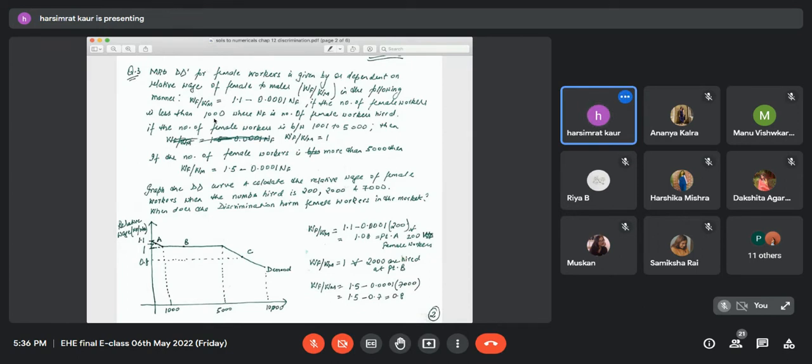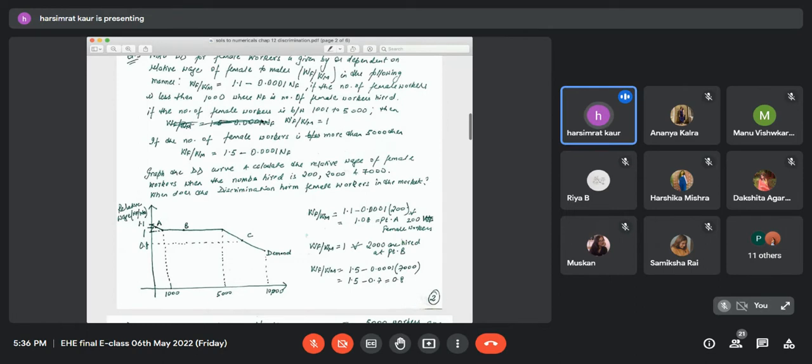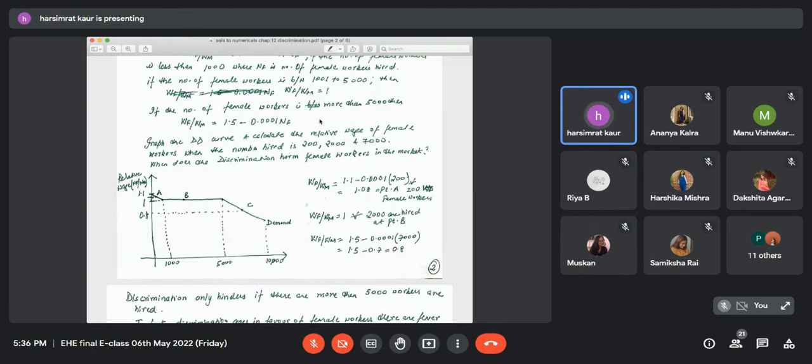That is the first equation. Then, if the number of female workers hired is between 1,000 and 5,000, it's a step function, and the relative wage, WF by WM, is 1. The third situation is if the number of female workers is more than 5,000, then your demand function becomes 1.5 minus 0.001 NF.